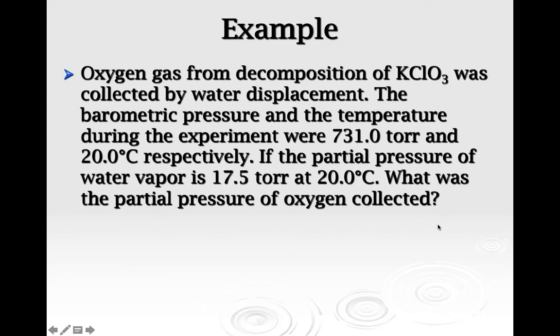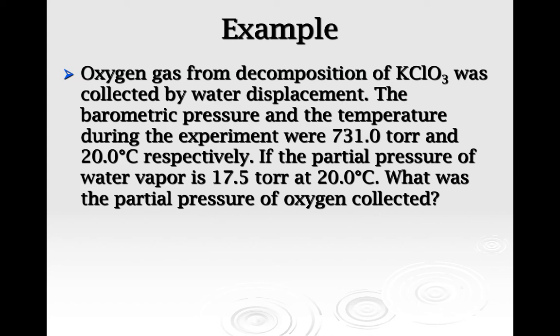So here's the little example, very similar to the one we just did. The barometric pressure and the temperature during the experiment were 731 torr. So that's the PT, 731. And the water vapor, 17.5. So what's the pressure of oxygen collected?